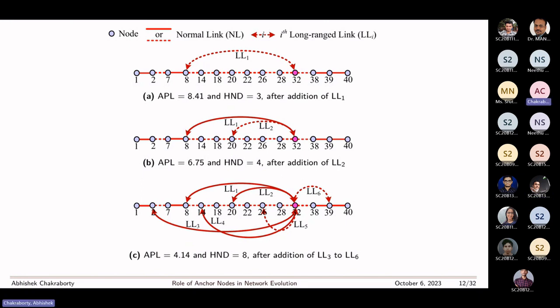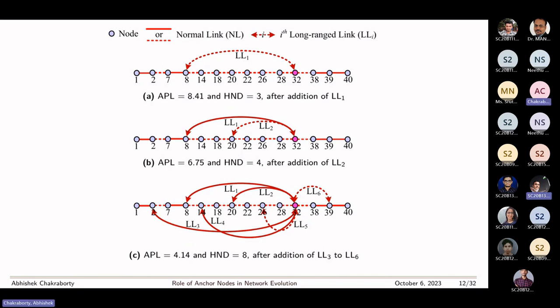We had a similar question when we saw this result, so we tried to manually add the second long link by keeping 8 as the node, because we saw that 32 is always getting connected. Once the second link is connected to node 8 and some other node, the rest of the links are also attracted towards node 8.